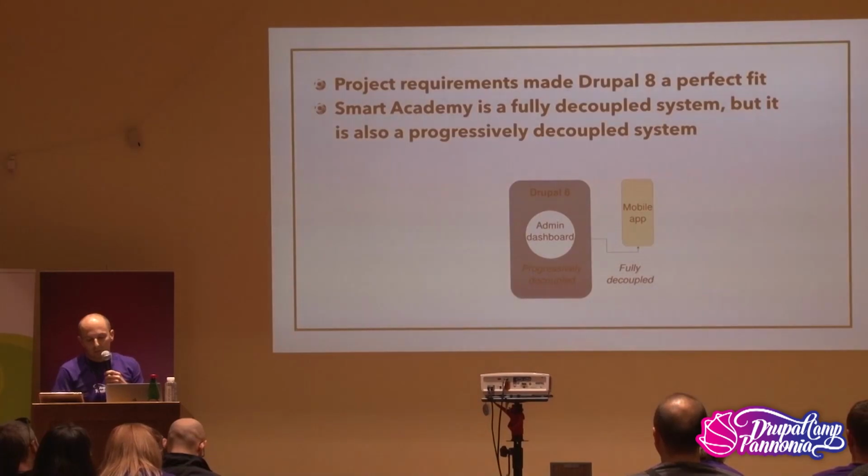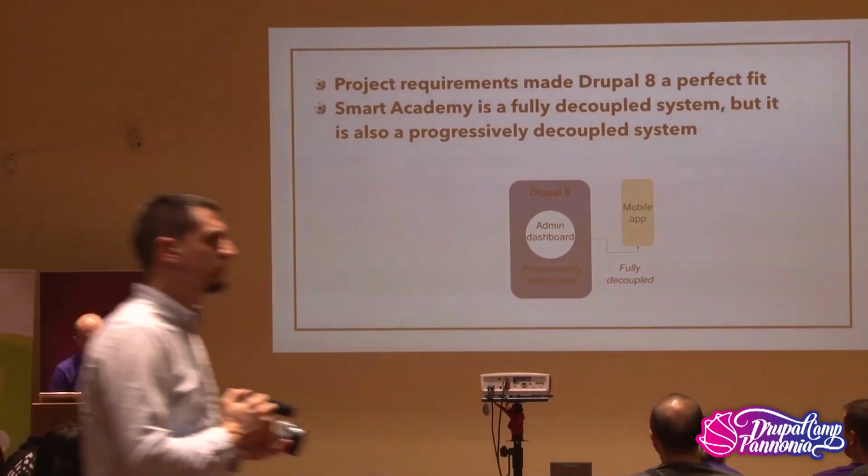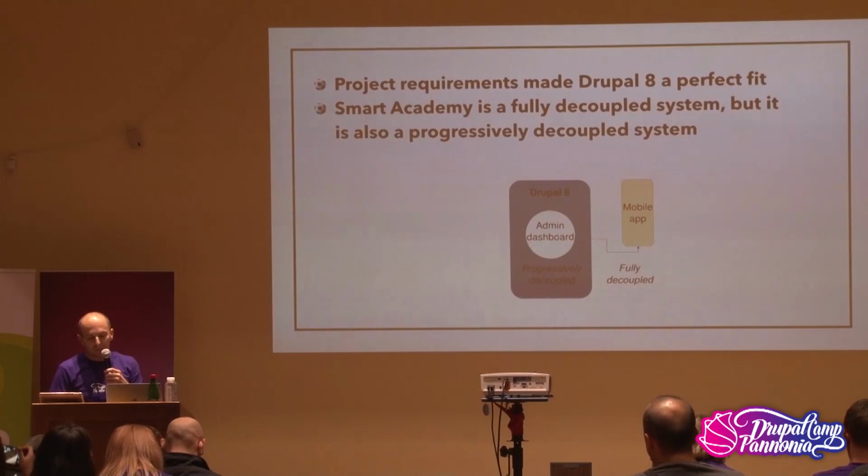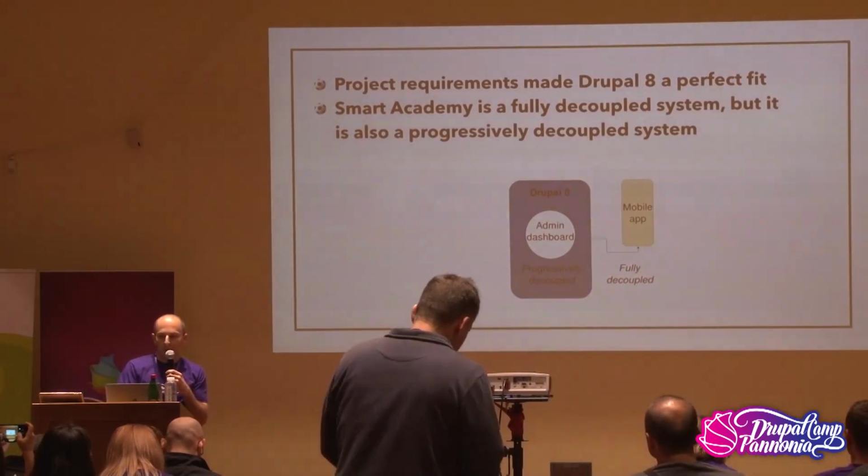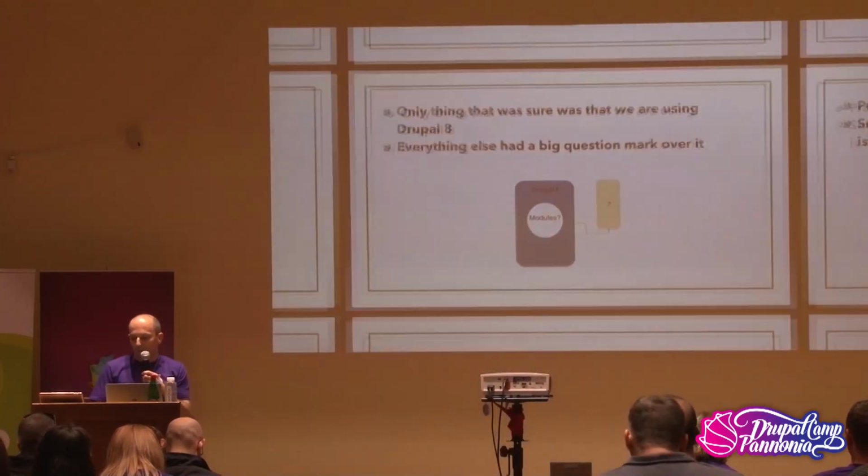But on the other hand, administrators are logging into Drupal, where they can see dashboards, they can control the system, and this is a progressively decoupled system. So at the same time, this is both a fully decoupled and progressively decoupled system.